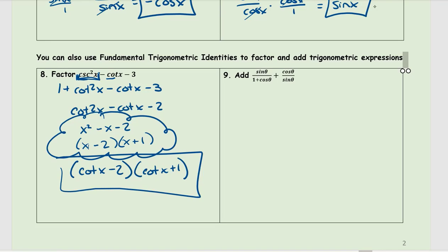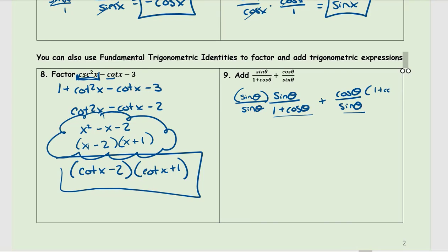So I have sine over 1 plus cosine theta, and then cosine theta over sine theta. I'm going to multiply the first term by sine theta over sine theta, and the second term by 1 plus cosine theta over 1 plus cosine theta.